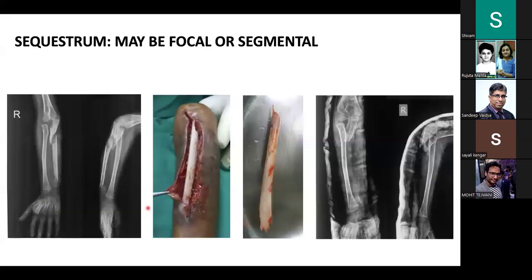On the other hand, there are segmental sequestra, and this picture is self-explanatory. What is a segmental sequestrum? The entire circumference of the bone is affected, and removal of these sequestra leads to significant structural instability, which then needs complex reconstructive procedures. So that's the difference between focal and segmental sequestra.